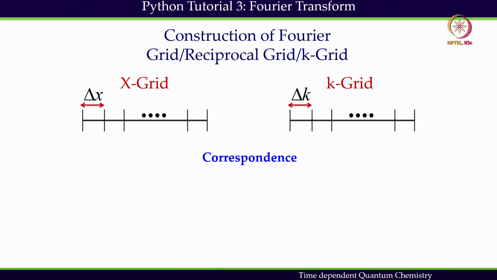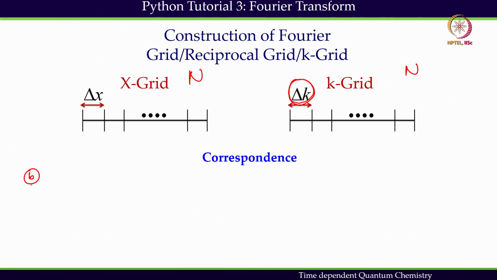Second thing: here I have n number, here I have n number, but when you are selecting this delta k, I cannot select delta k randomly.